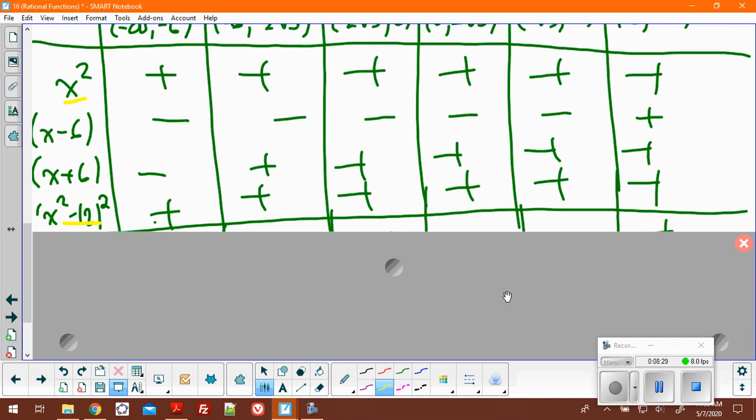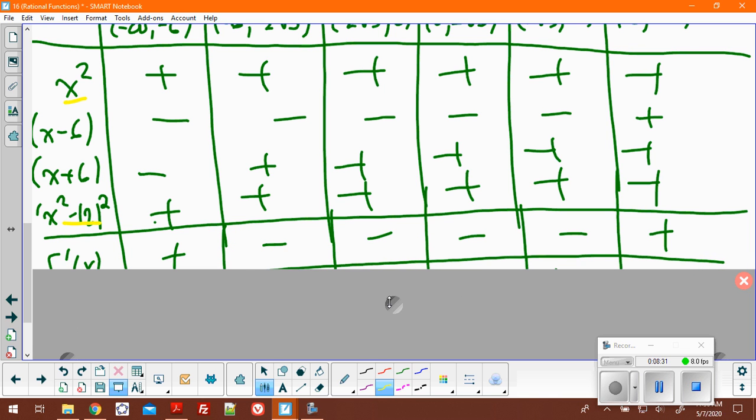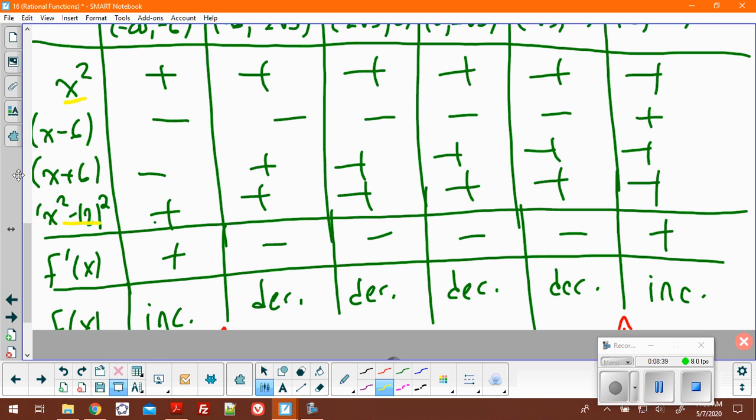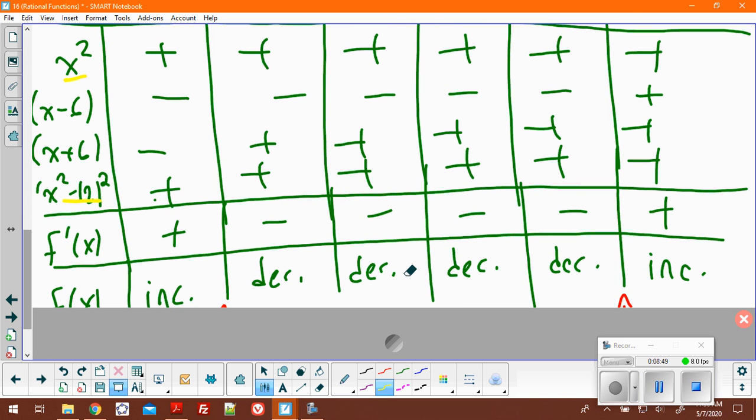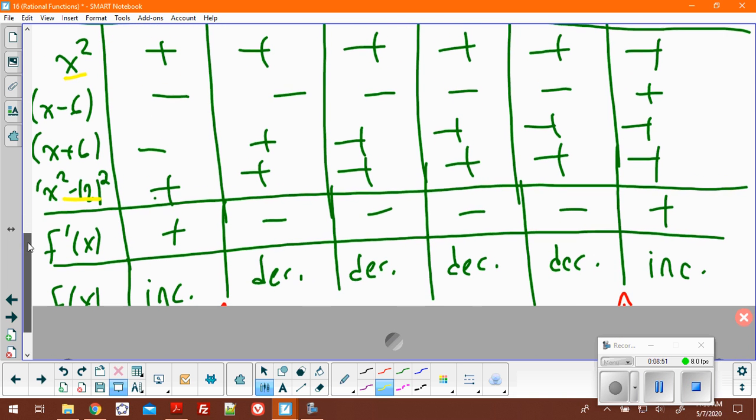Okay, so overall, my derivative is positive, and then it's negative for quite a while, and then it is positive again, which means my function is increasing at the start, decreases a long while, and increases again. Now it's decreasing on both sides of my asymptotes.